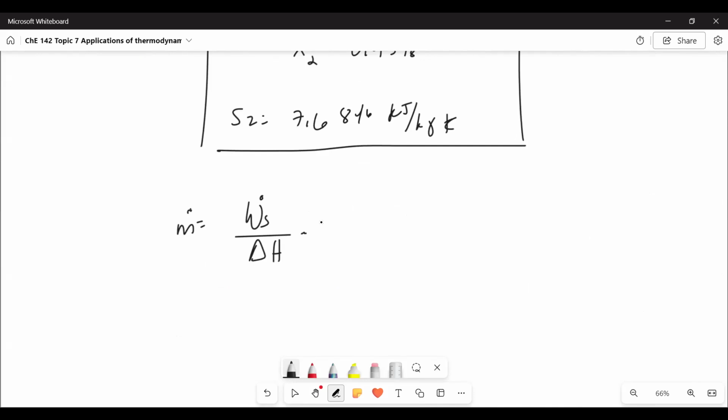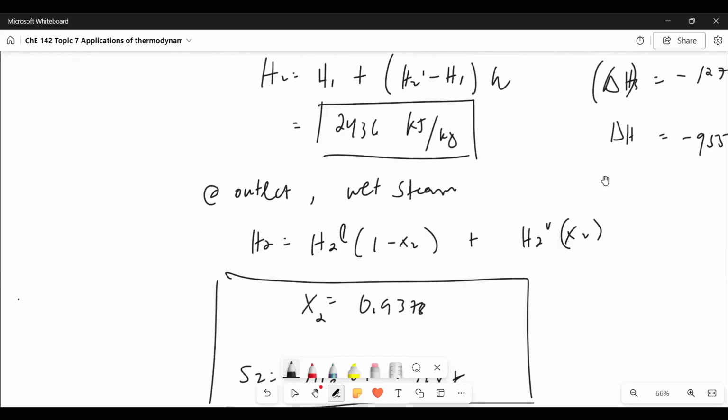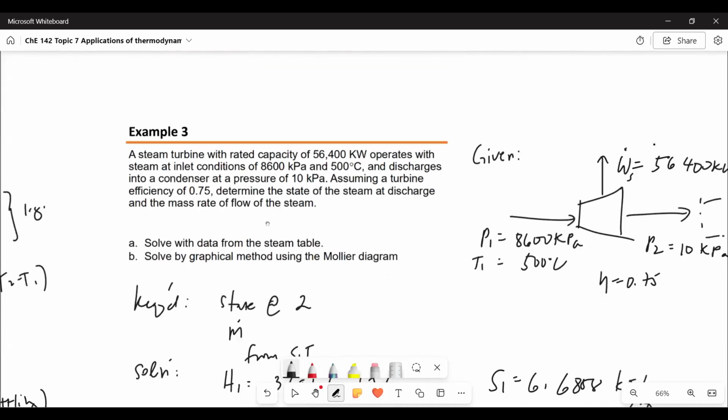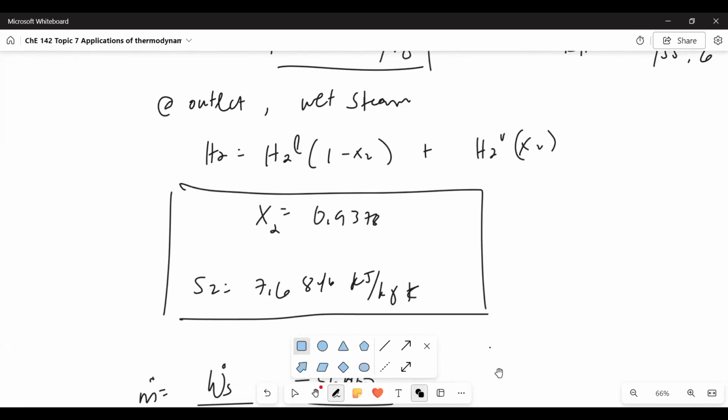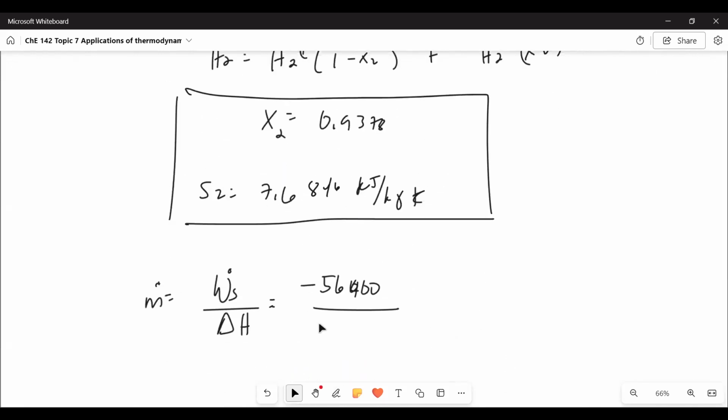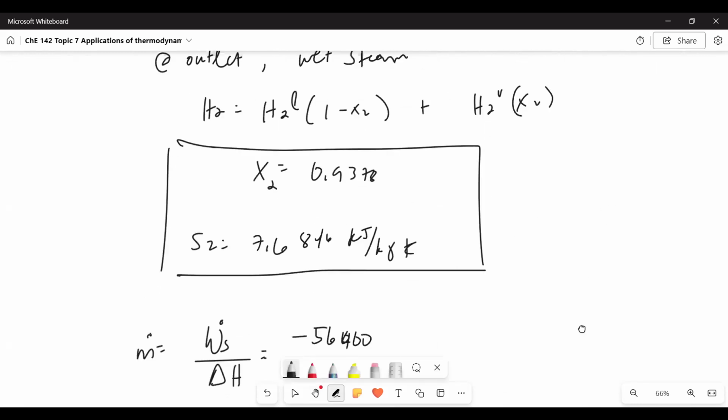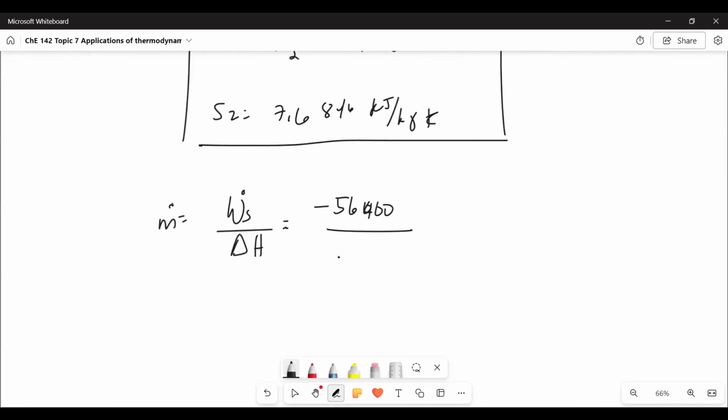So this is negative 56,400. Negative because it's work produced by the system, divided by delta H actual, which is this one, negative 955.6.